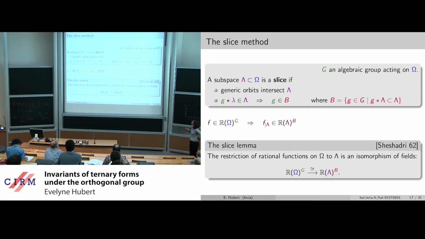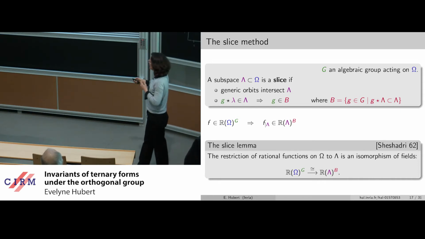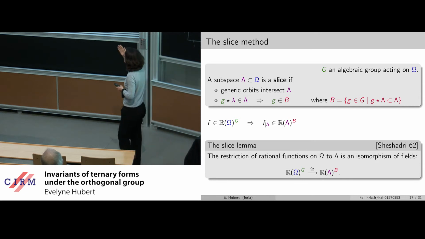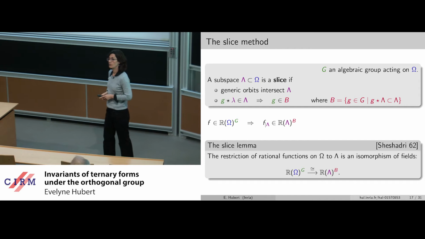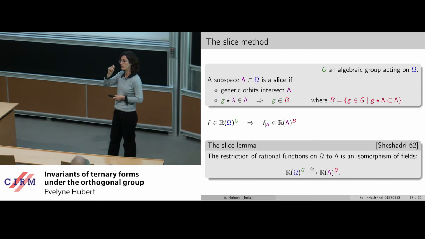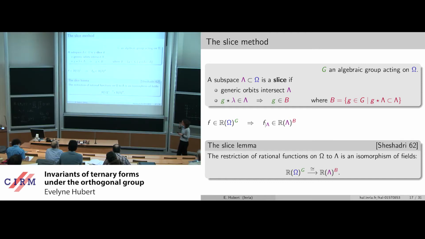So we have an algebraic group that acts on a big space omega. And we're going to take lambda, which is a section. By section, we mean that every group orbit intersects this subspace, at least all the generic orbits intersect this space, but we ask something else.